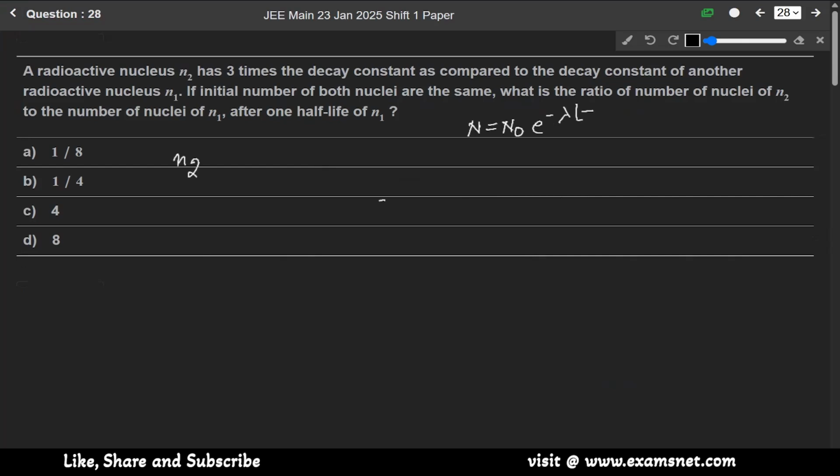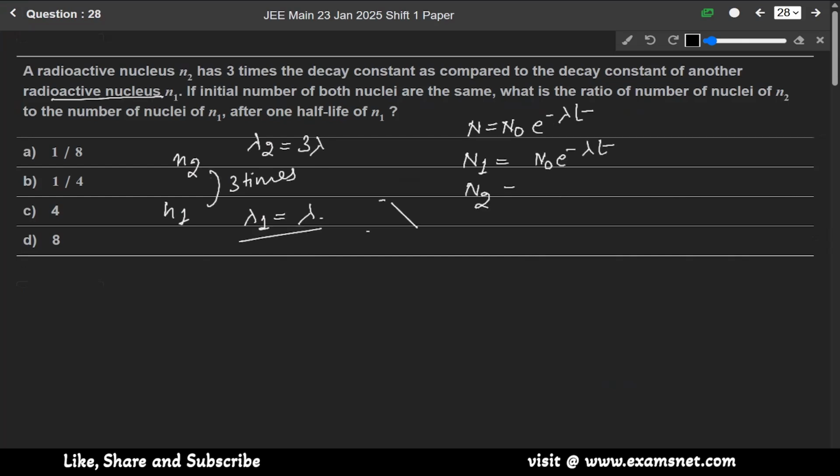Nucleus N2 has 3 times the decay constant as compared to the decay constant of nucleus N1. It means lambda 2 is equals to 3 lambda and lambda 1 is equals to lambda only, as given in the question. So for N1, we will write N naught e to the power minus lambda t.